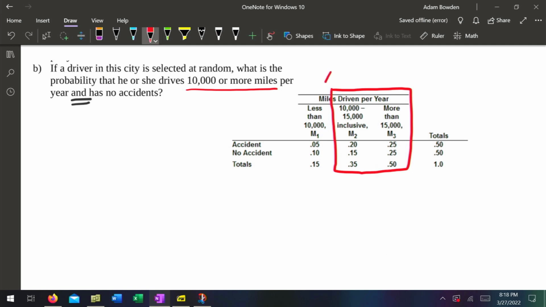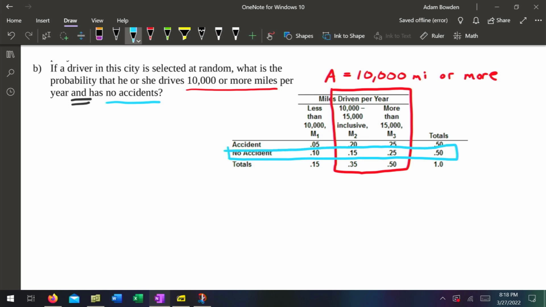So if A is the event, A can be thought of as 10,000 miles or more. And so then the other part is about no accidents. So let's look at the table for that part. And so that would be like event B, where there's no accidents.